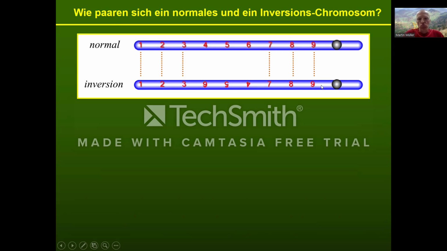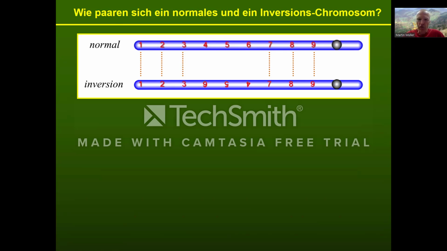So that doesn't seem to be a big problem unless the breakpoints are in an important gene. Then you have a mutation. But apart from that, an inversion could be a viable chromosome.